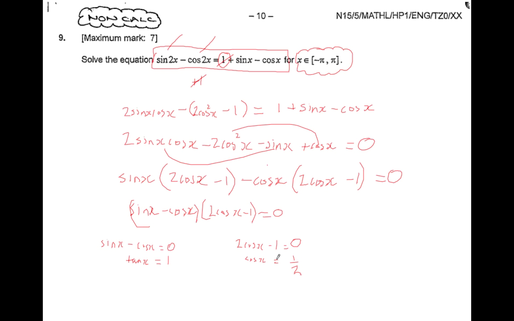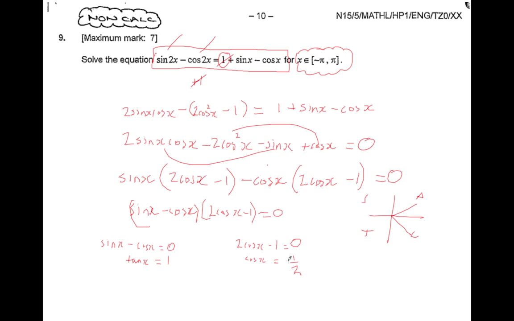Okay, so all the work's done now. But still, you've got a little bit of work to get the final answers, because we're looking from negative pi to pi for the solution. So just to help visualize things, I'm going to have a CAST diagram here. The cosine is positive in this quadrant here and this quadrant here.